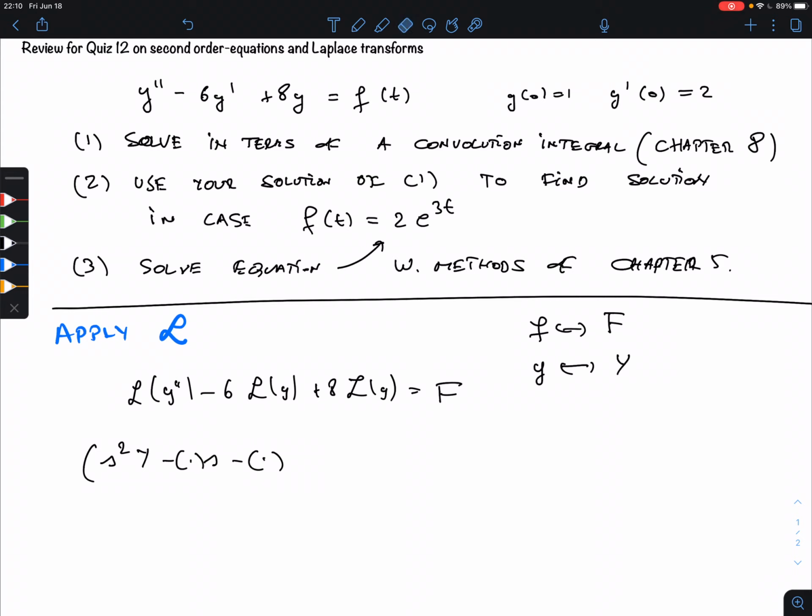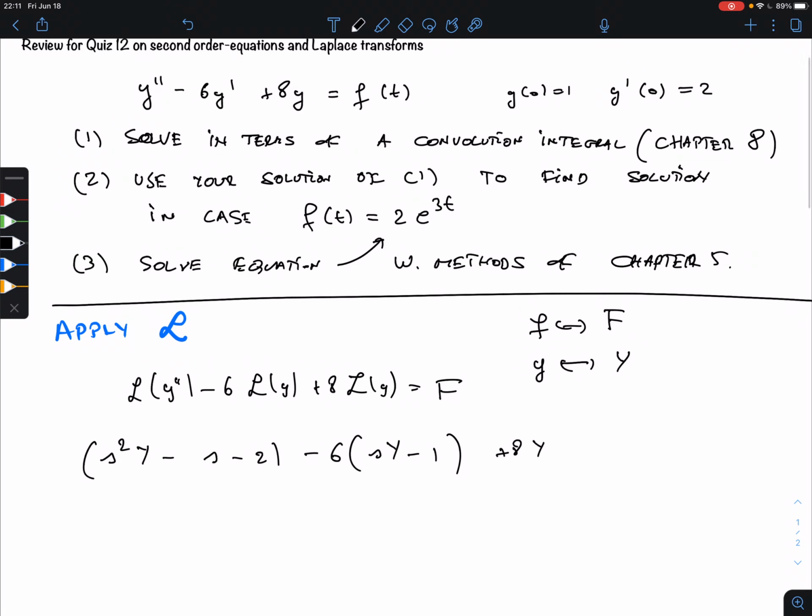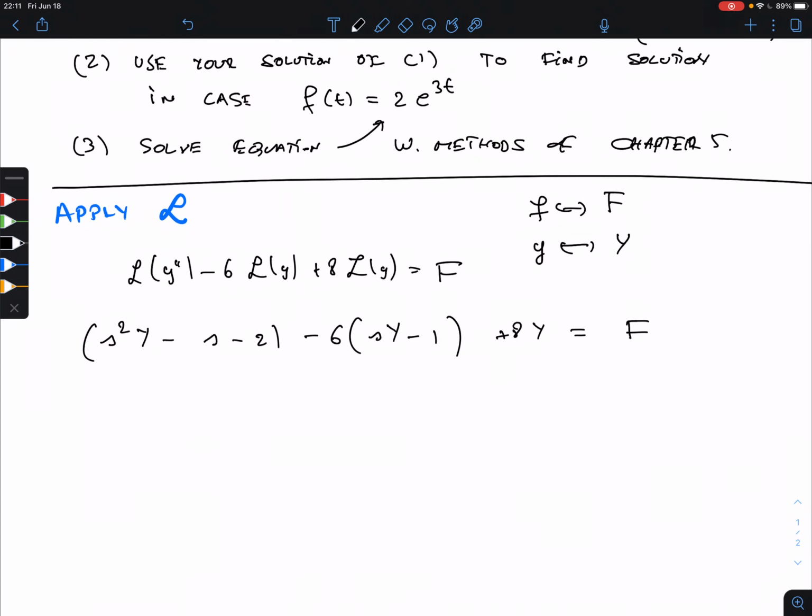Okay, so let me get rid of all these things now and write down what the actual numbers are. As I said, this is 1, so we get just minus s, and this is minus 2. Minus 6 times sY minus 1, the y(0), plus 8 capital Y, and that is capital F. Then we have the terms with a Y in. We have an s squared minus 6s and a plus 8.